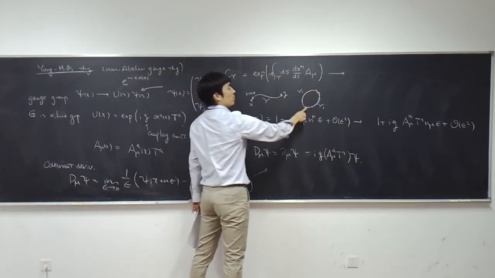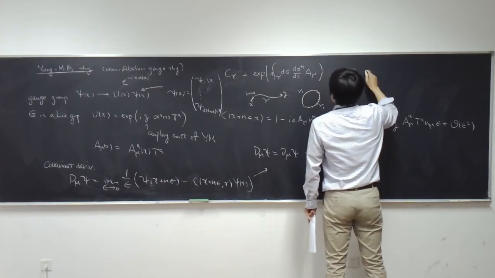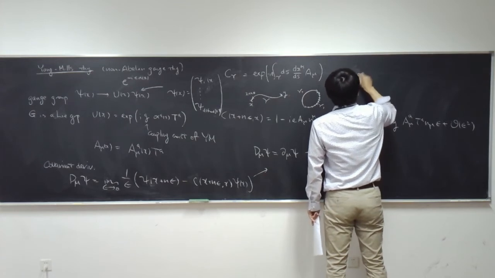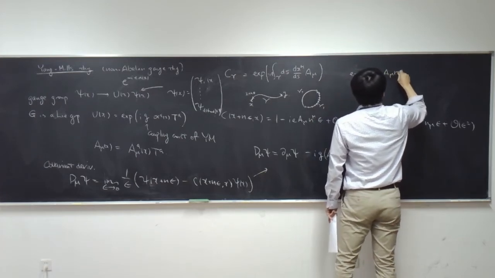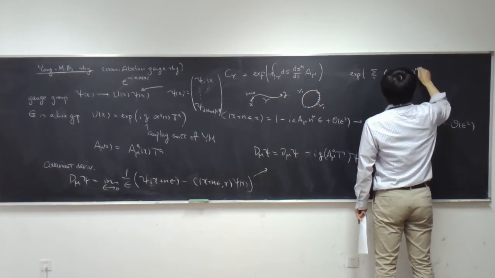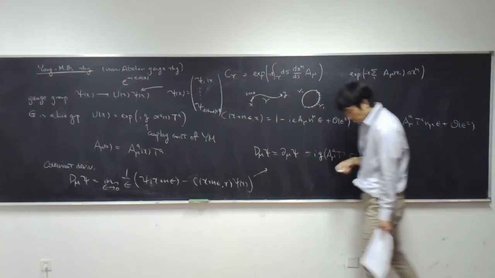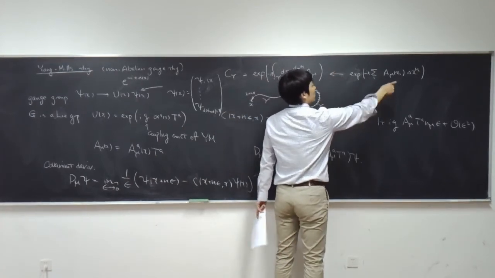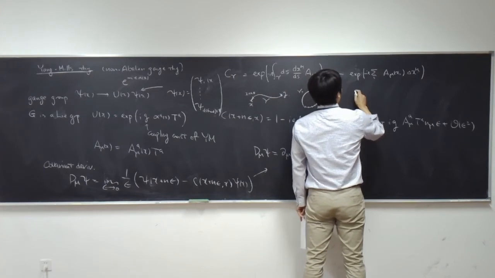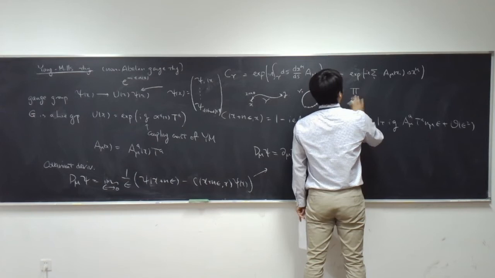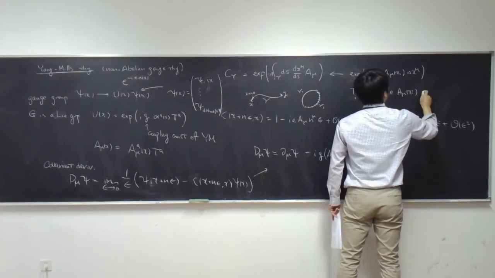This integral is just a sum of small divisions, so it can be understood as the exponential of the sum over i of i A_mu(x_i) delta x^mu. If delta x^mu takes a really small limit, this is essentially the product over i of exponential of minus i e A_mu(x_i) delta x^mu.